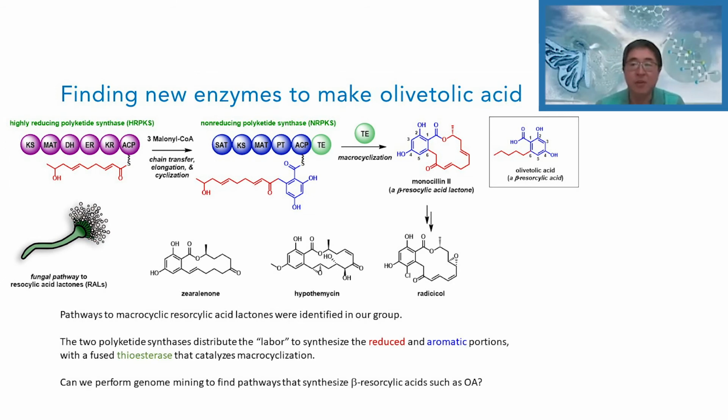If you compare this structure to alpha-lipoic acid, you see that we have the core component maintained, while this portion is different. So we thought we could utilize the number of fungal genomes that have been sequenced in nature and find pathways that do not cyclize into this macrolactone format and produce chains.